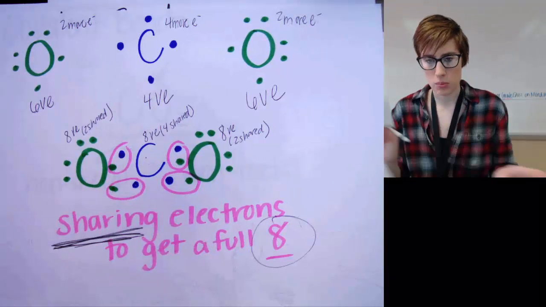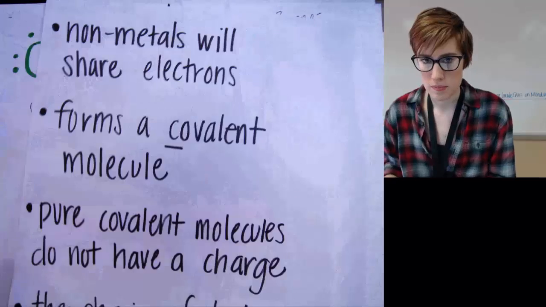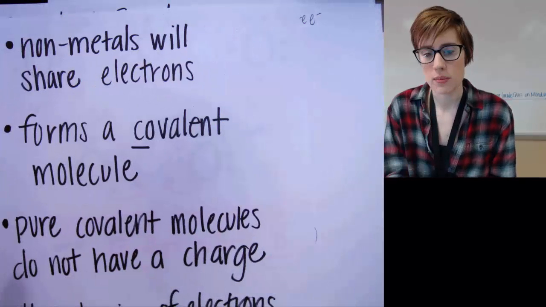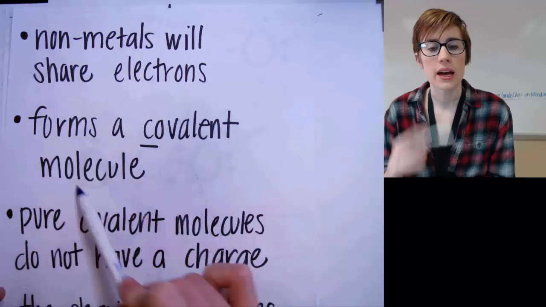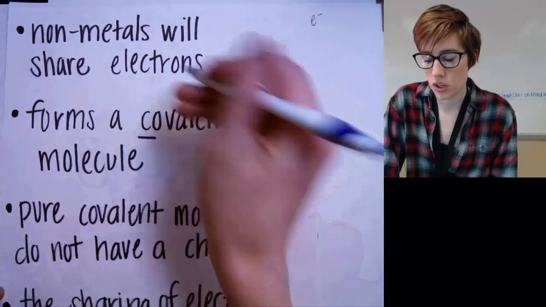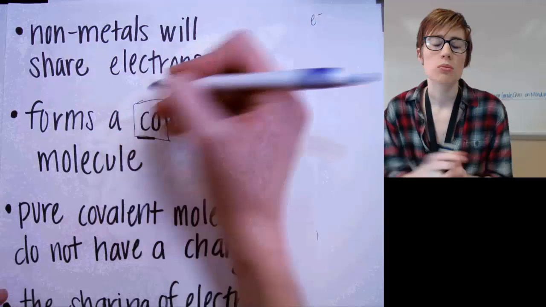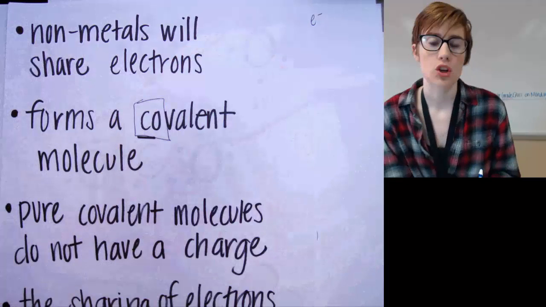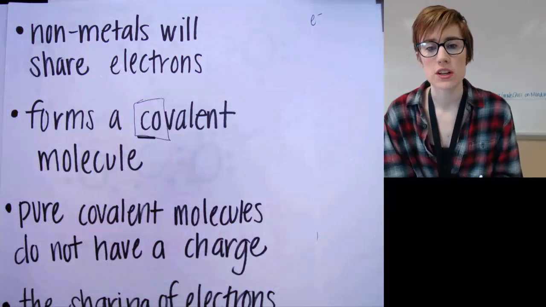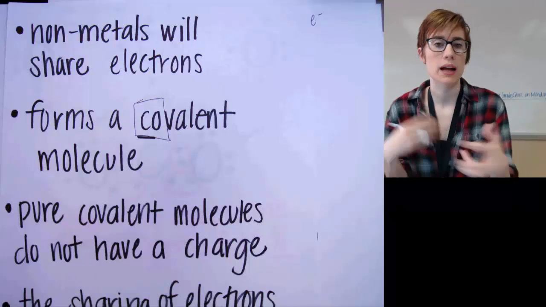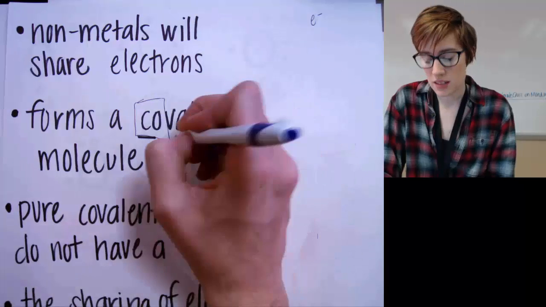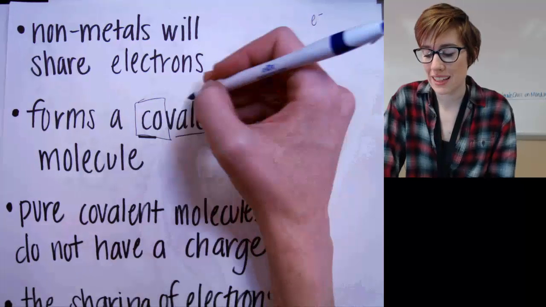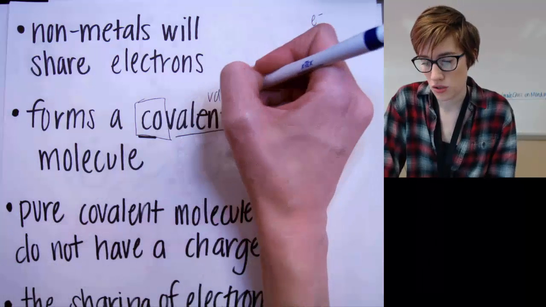So here are some important points about covalent bonds: nonmetals will share electrons. That forms the covalent molecule. And what helps me is the word co. Co reminds me of things like co-pilot or co-worker, and those are people that share the work or will share piloting the plane with you. So a covalent molecule is something that shares valence electrons.